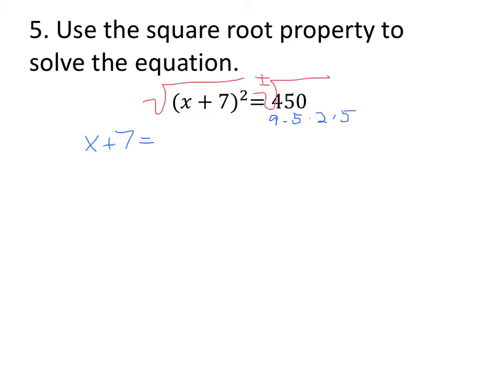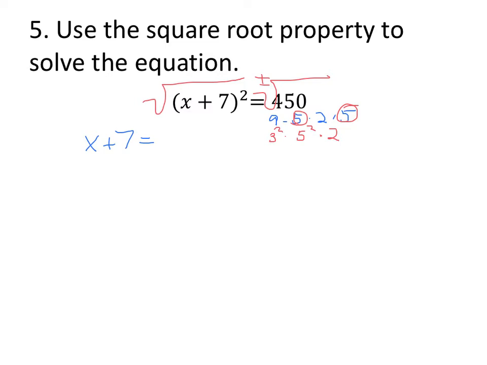So you can use a factoring tree to check this work, but when you do that, you see that 9 is 3 squared, and then you have this 5 and this 5, so you have a 5 squared, and then you have a 2 left over.